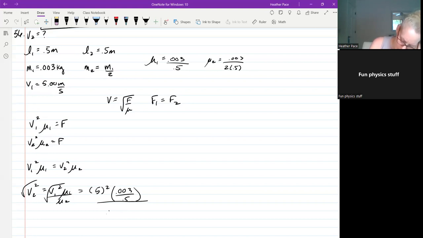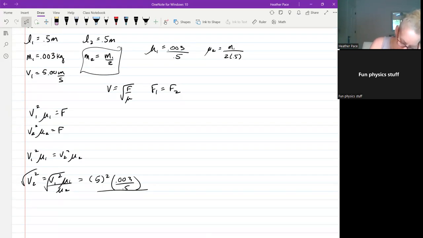So the reason that I do this is because frequently in these problems things end up canceling. So if we put M1 in here, and then we write M1 divided by 2, we can see that these cancel out.